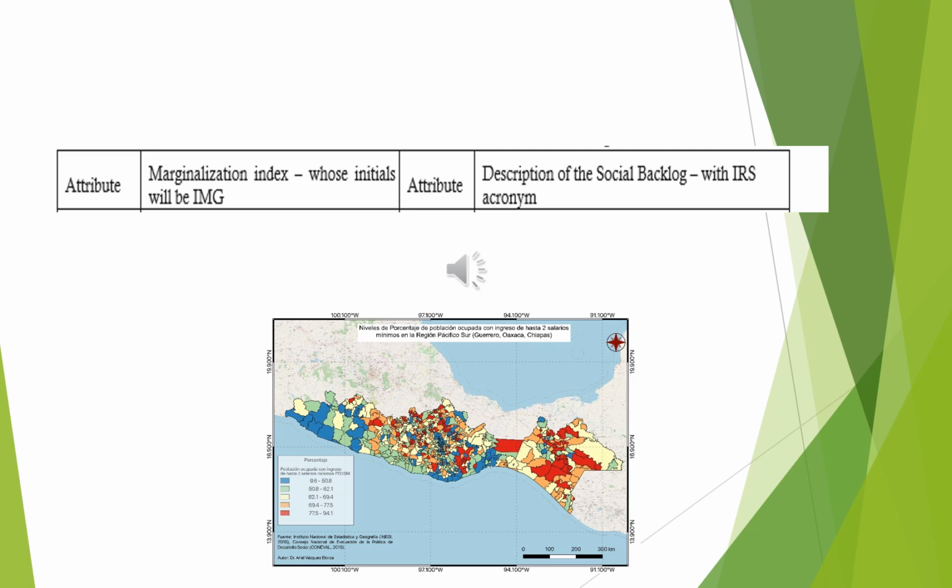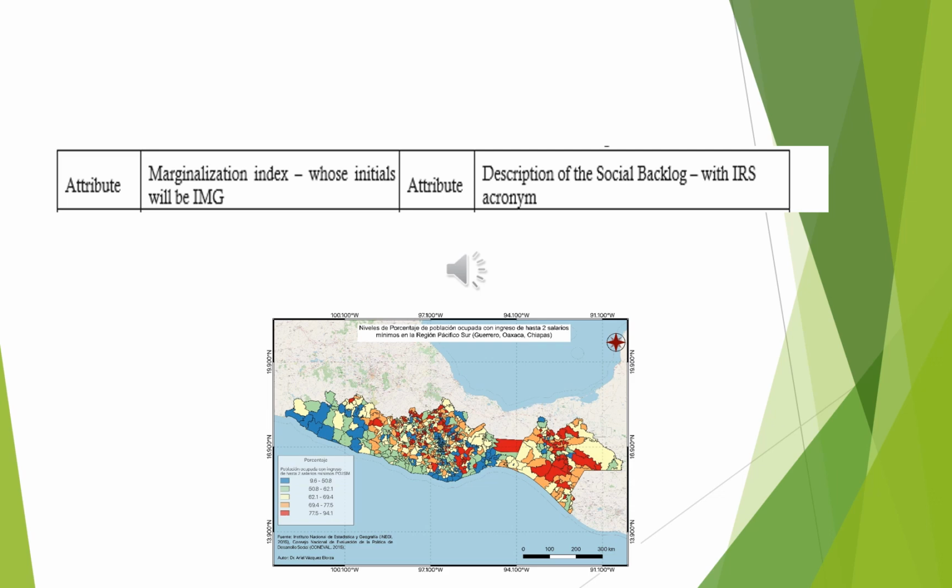On the one hand, there is the Social Gap Index, IRS, which, according to Coneval, is the weighted measure that summarizes indicators of social deprivation like education, health, basic services, and housing spaces in a single index that aims to order the observation units according to their social deprivation, Coneval 2015.